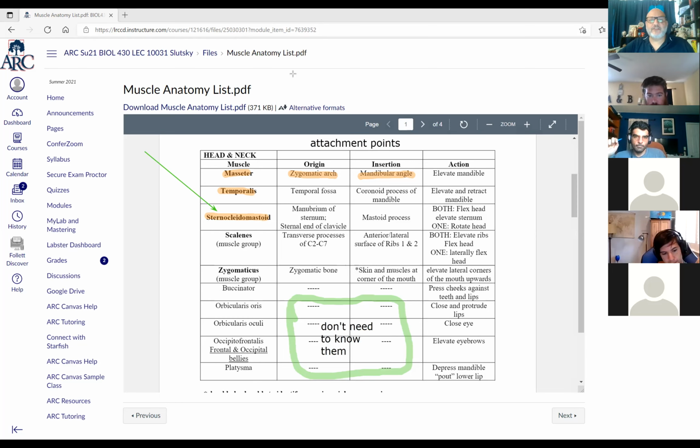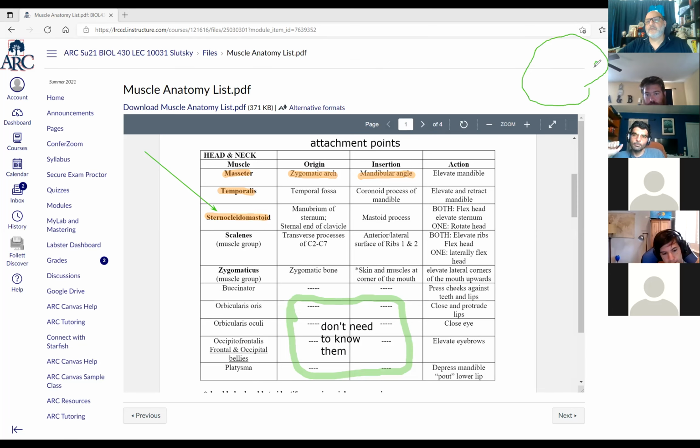But what this also means is on the exam, I guarantee you in the test bank is going to be a picture of a mandible. I guarantee there's going to be a picture of a skull.